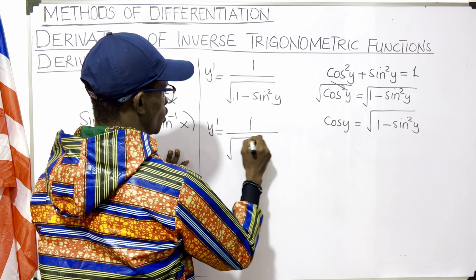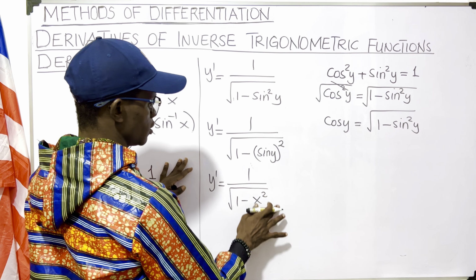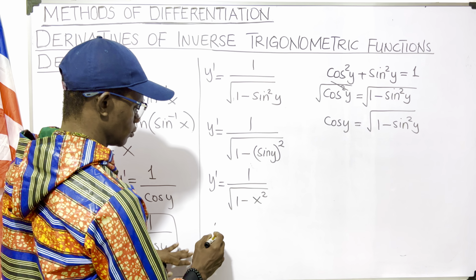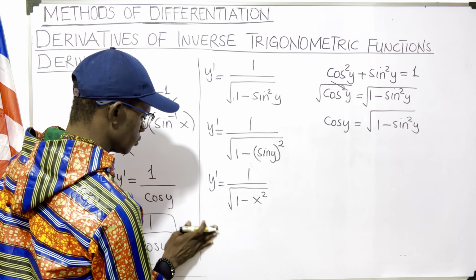So y prime is equal to 1 all over the square root of 1 minus x all squared. Thus, d by dx, that is the derivative of sine inverse of x, is just equal to 1 all over the square root of 1 minus x squared.